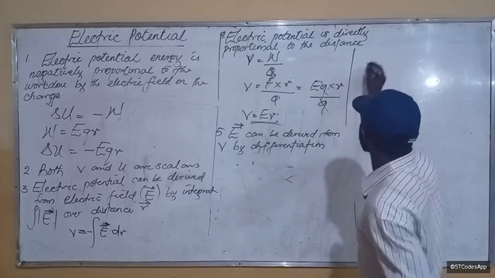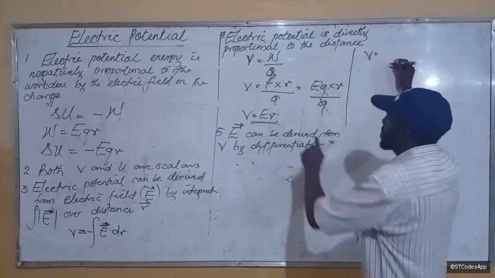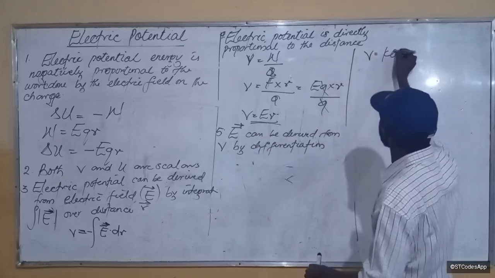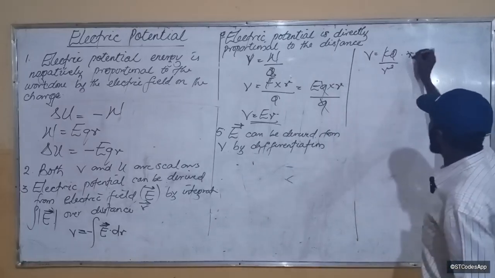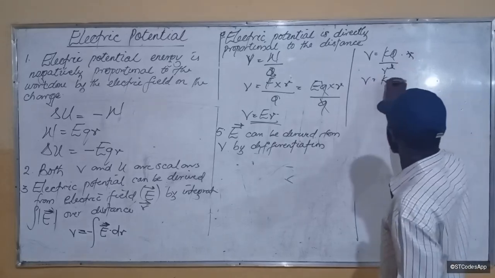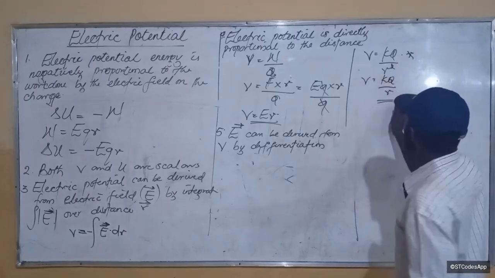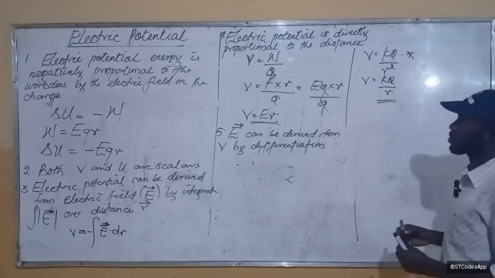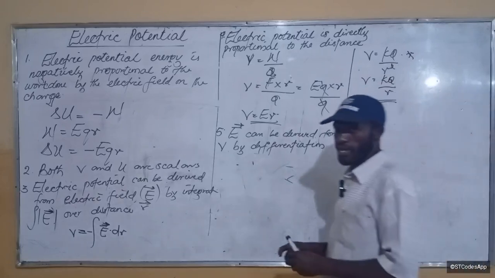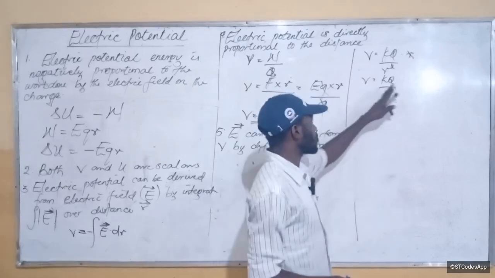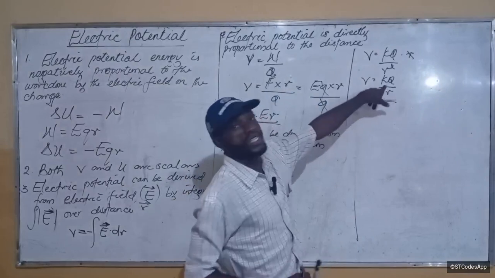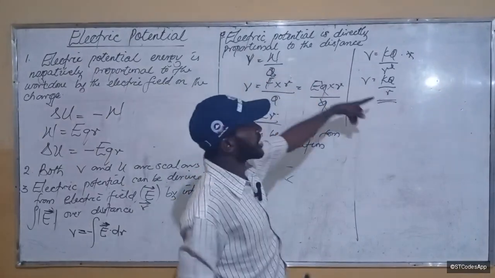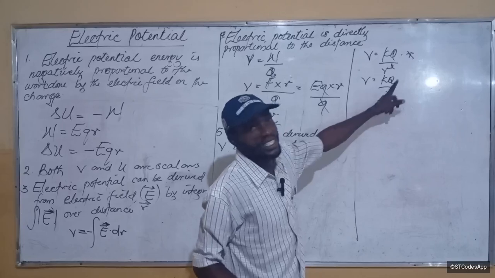You will begin to get things like V equals E times R. Remember that E is KQ over R squared, right? Then times R, R takes care of R and V equals KQ over R. This is the standard equation for V in electrostatics. Is that clear? V equals KQ over R. This one makes people confused: how do you say that electric potential is directly proportional to distance?